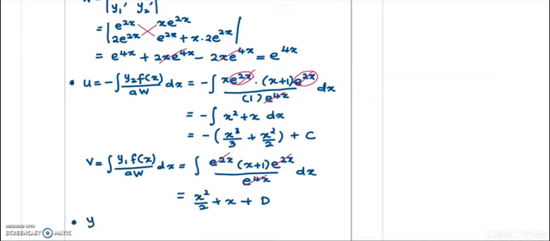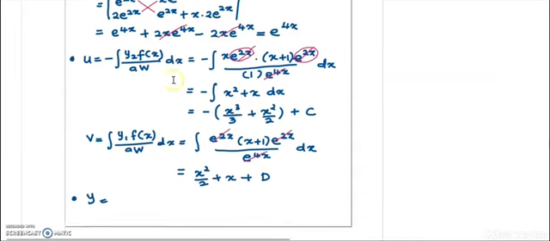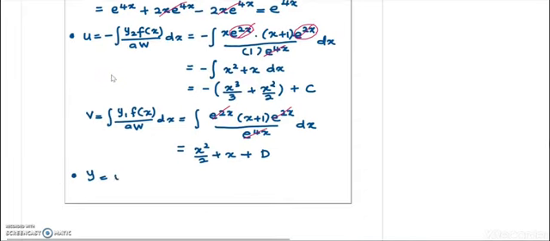So finally, our y, which is our answer, is u y1 plus v y2. Putting things together, we have a big bracket here, so you can multiply the negative inside the bracket. So we have x cubed over 3 plus, sorry, this is supposed to be minus x squared over 2, plus some constant c.